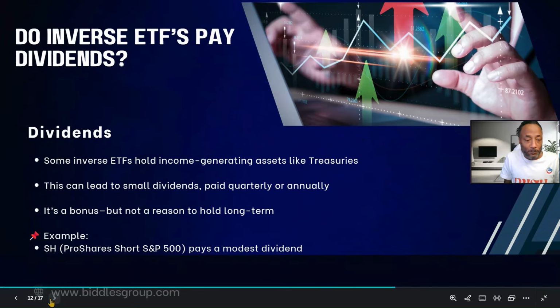Do inverse ETFs pay dividends? Yes, some do. Some inverse ETFs hold income generating assets like treasuries. This can lead to small dividends paid quarterly or annually. I would not recommend to hold these things on a quarterly or annual basis. It's a bonus, but not a reason to hold long term.